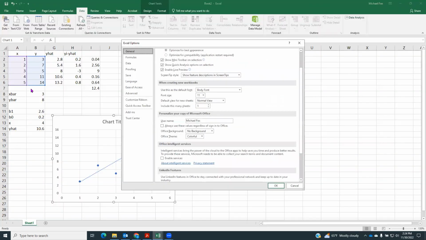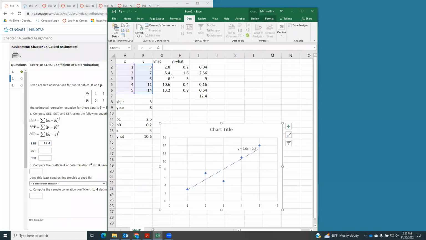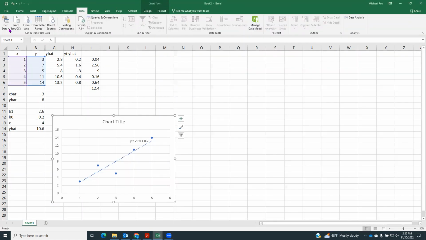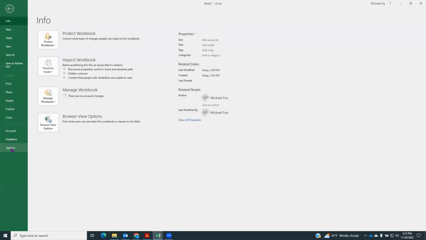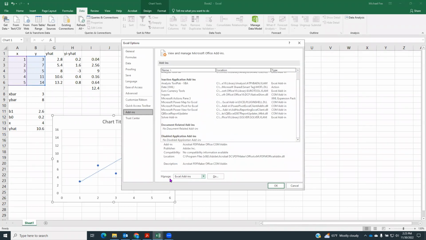Some people said they don't have Options, and mine had More in the other version of Excel, and then you went to More and then Options. So you go File, then Options, and that gets you to the Excel Options window. You go to Add-ins, scroll down, and at the bottom it says Manage Excel Add-ins.